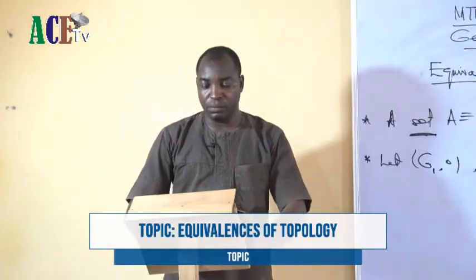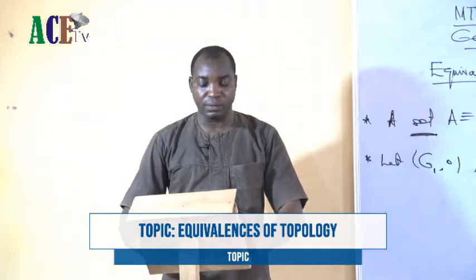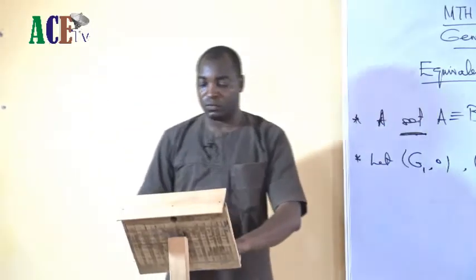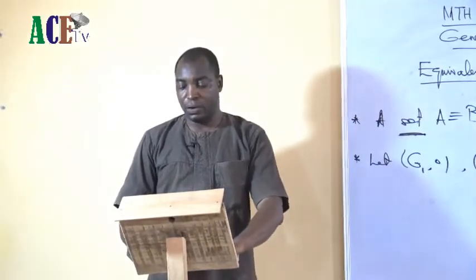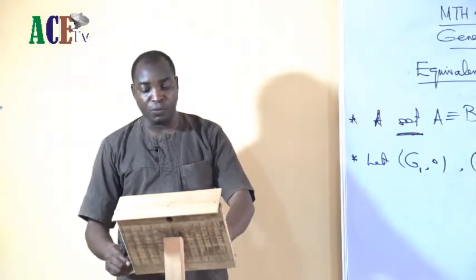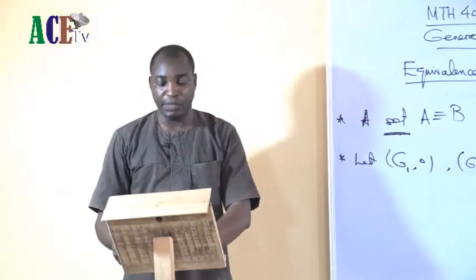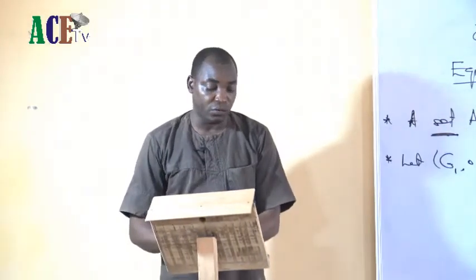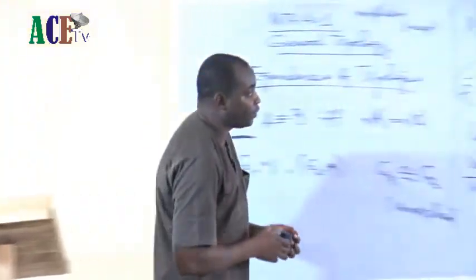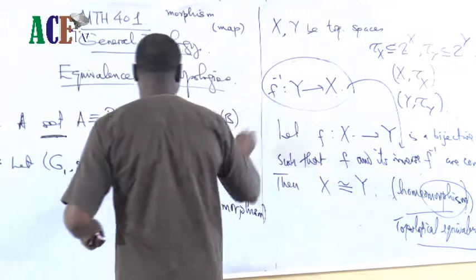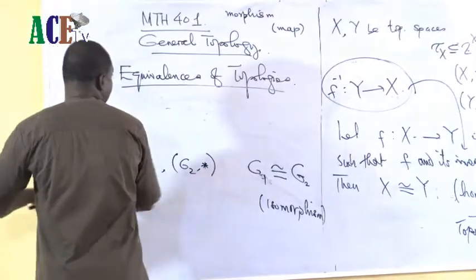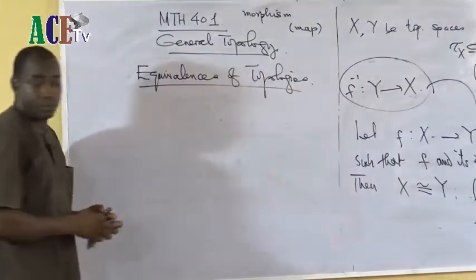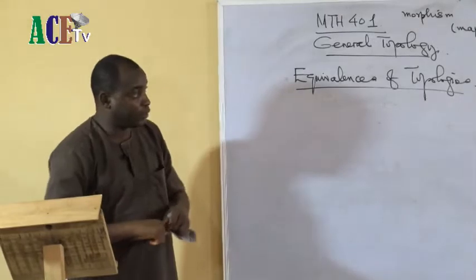Now let me make some other definitions. A map F is bicontinuous or topological if it is open and continuous. These definitions are very necessary for what we are about to do next when we are discussing the equivalence of topologies.